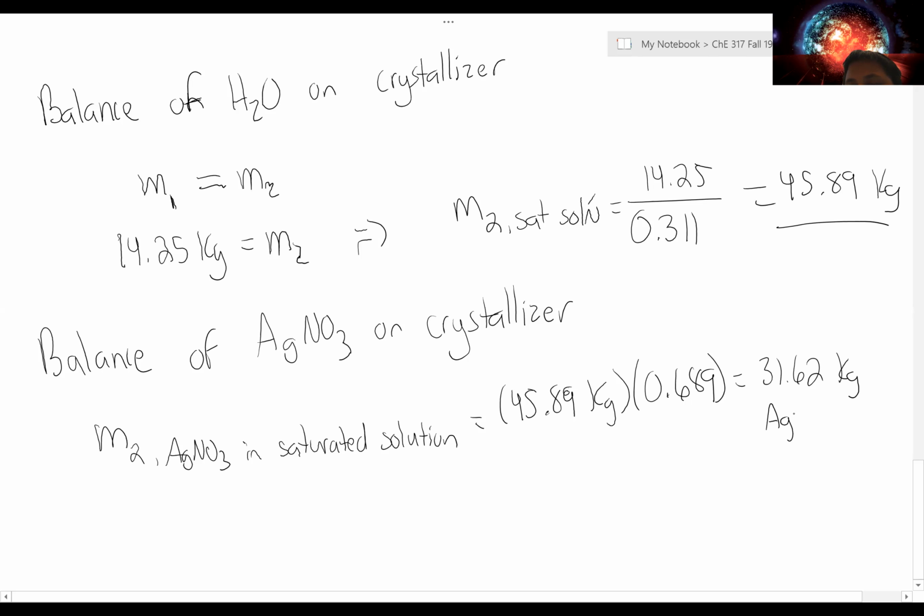And that's of silver nitrate in solution.